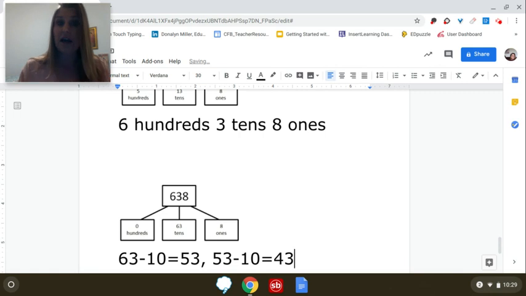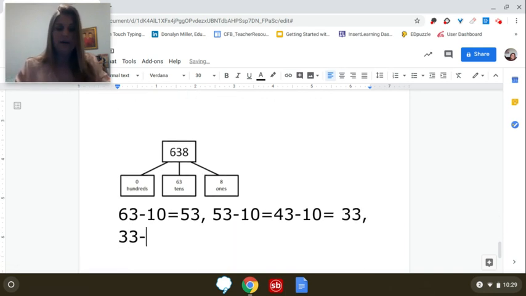I still have more tens I can take out, right? So 43 minus 10 will give me 33. And then I could say 33 minus 10 will give me 23. Can I keep going? I can because I have more tens. So 23 minus 10 will give me 13.